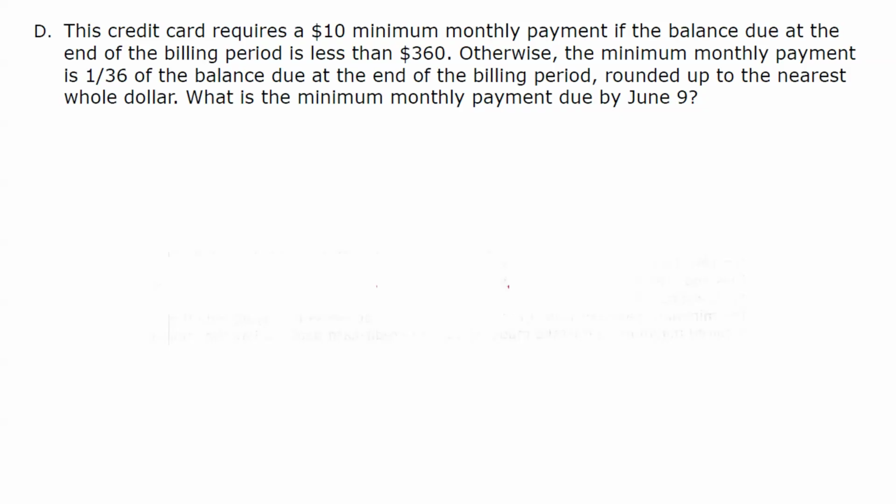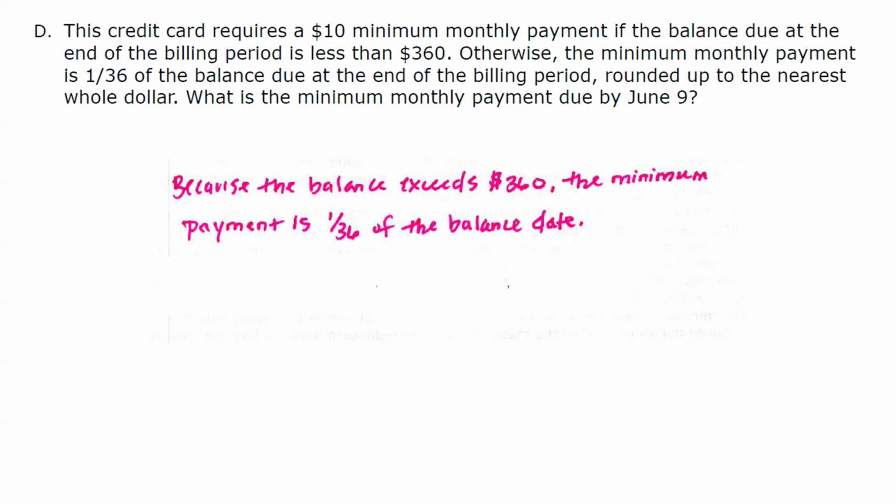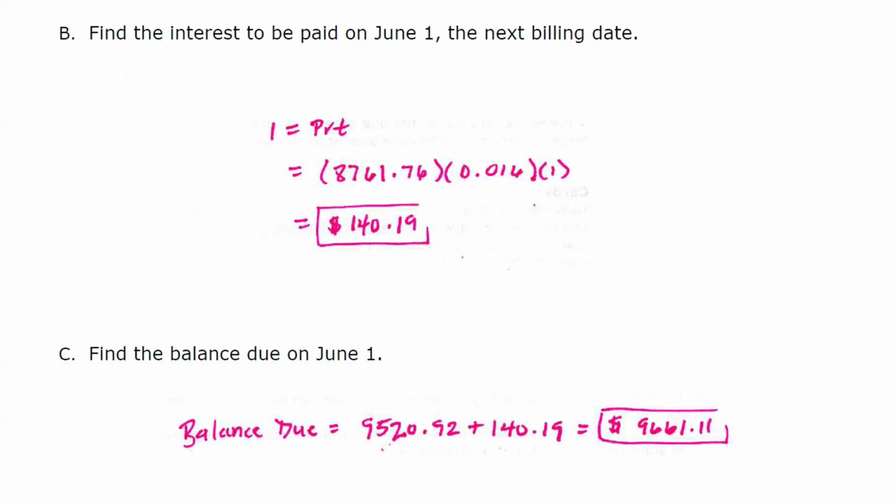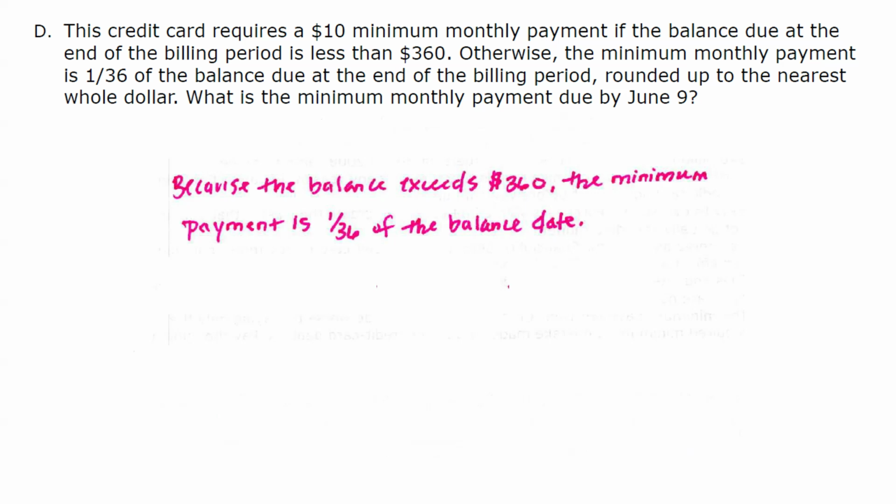Okay, so because our balance exceeds $360, the minimum payment is going to be 1/36 of the balance due. Okay, so remember our balance from our previous problem was $9,661.11, which exceeds 360.